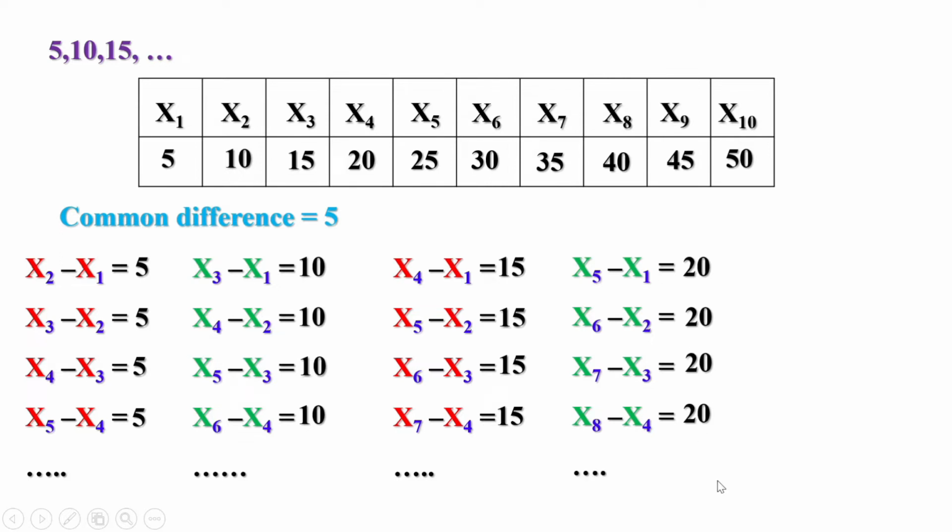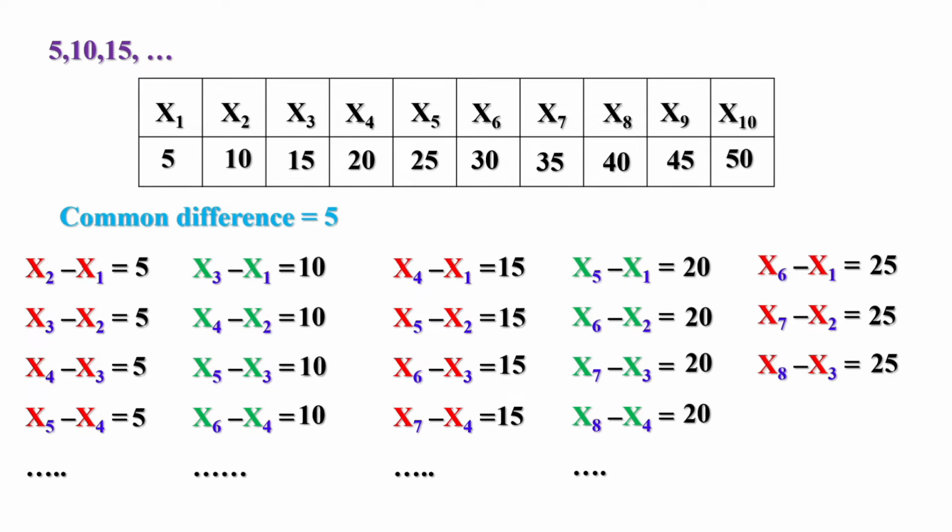Now let me take the cases where the position difference is 5. That is sixth term minus first term, that is 30 minus 5 or 25. Seventh term minus second term, again 25. Eighth term minus third term, that is 40 minus 15, again 25.